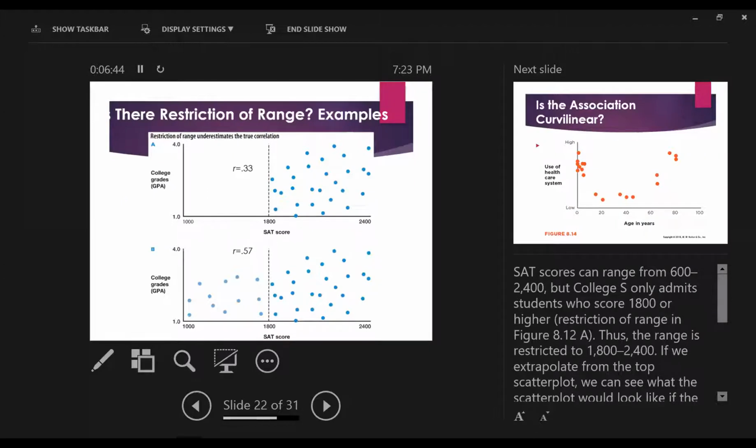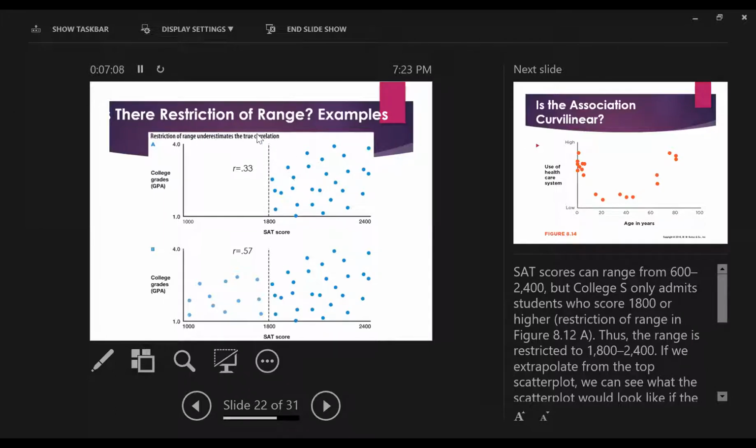So you can see here, if you restrict the range, it will impact the correlation. So if this is an ACT score and college GPA, again, you've got from 1 to 4, but you restrict the range from 1800 to 2400, there's what looks like a smaller relationship.